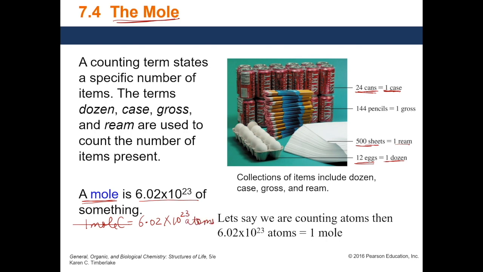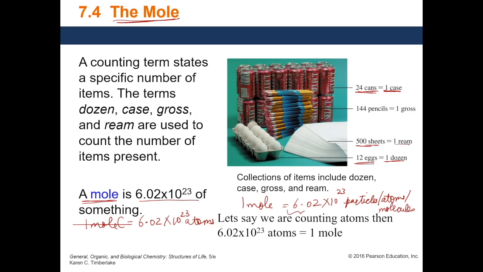So 1 mole of anything in chemistry is equal to 6.02 times 10 raised to power 23 particles. That can be atoms or it can be molecules, whatever we are talking about.